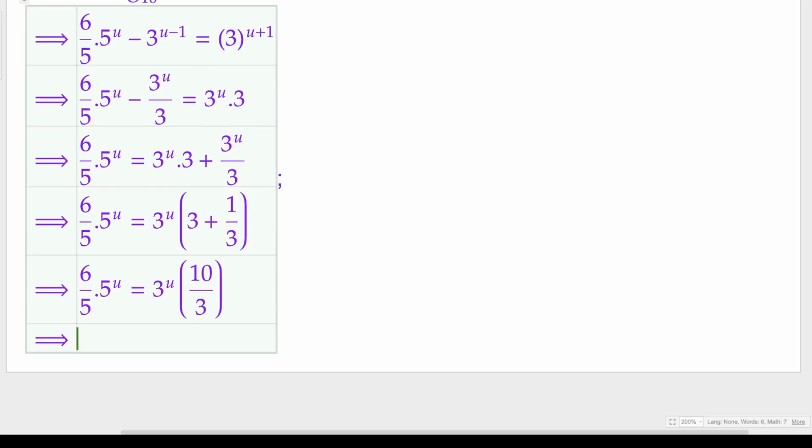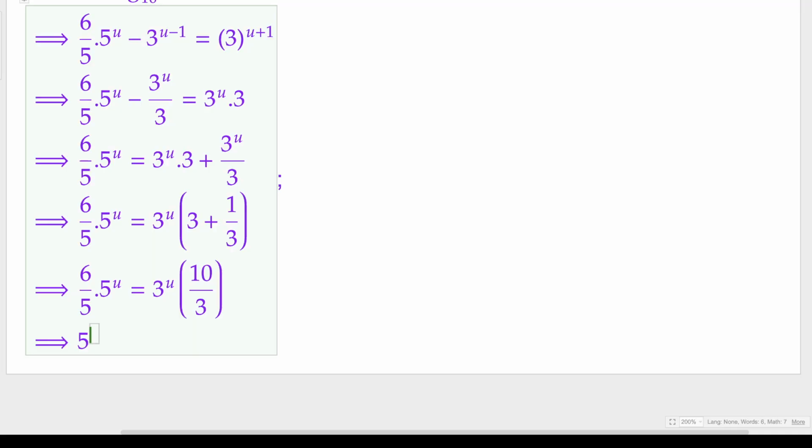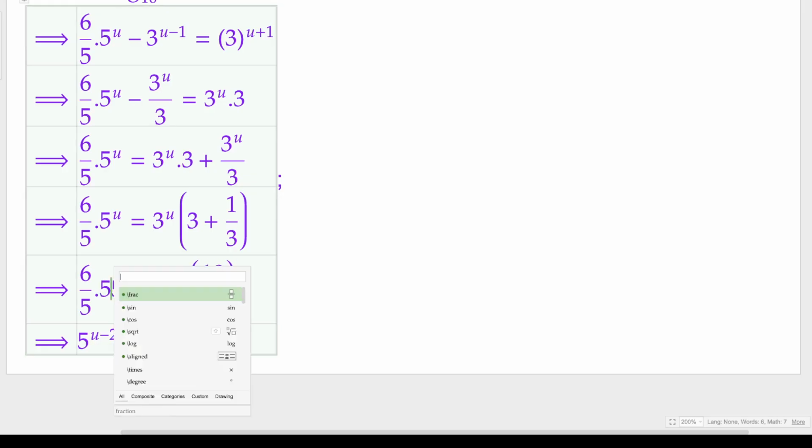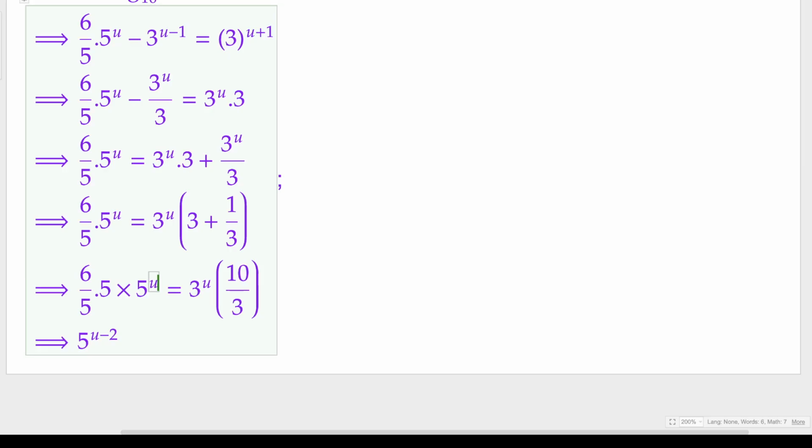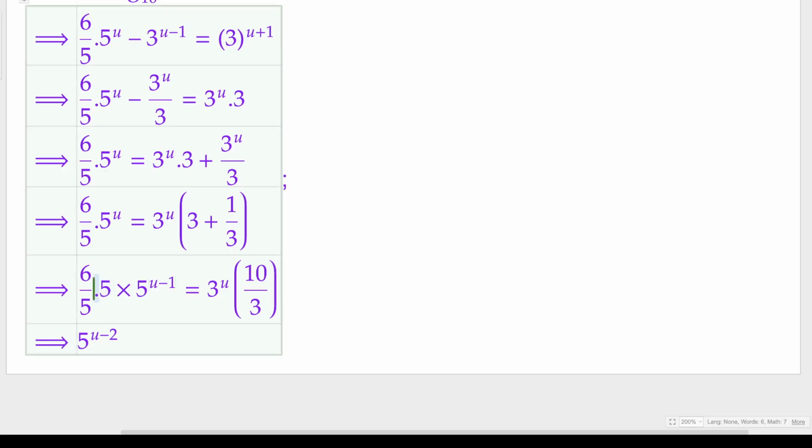I'll be getting 5 to the power u minus 2, right, because this one can be written as 5 times u minus 1, correct, 5 times, and now this 5 and this 5 get cancelled, right. This 5 here and this 5 over here can be cancelled out.